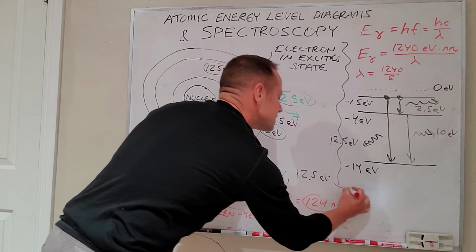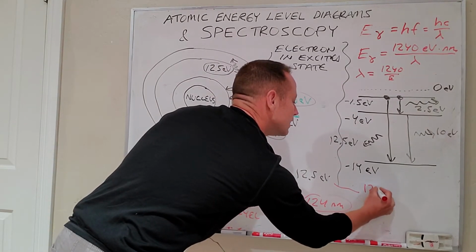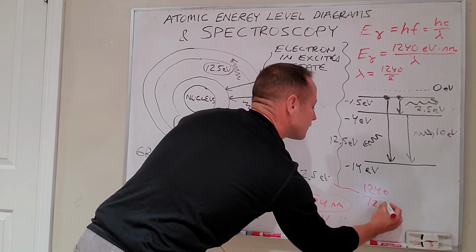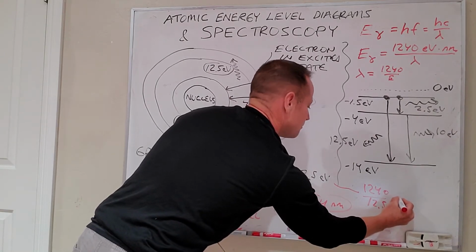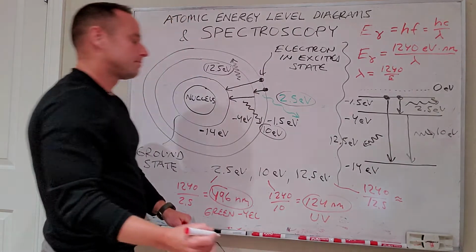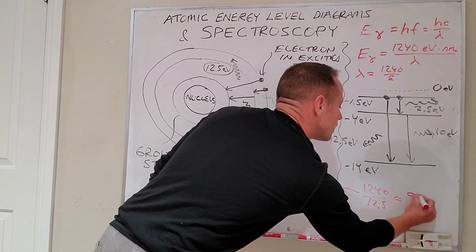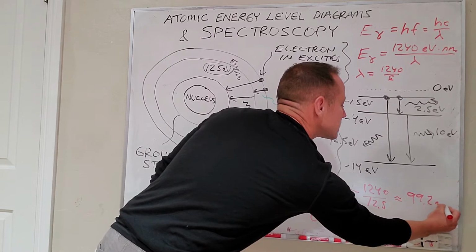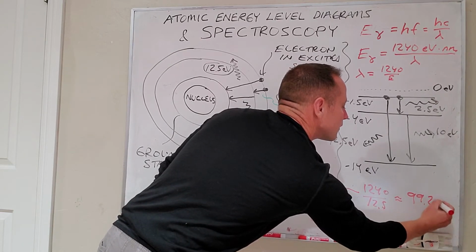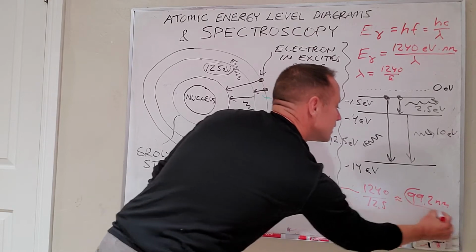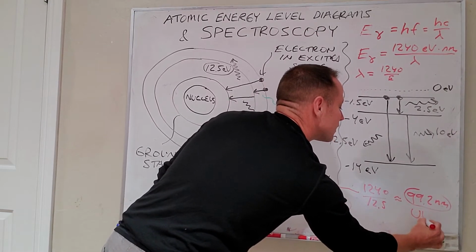And then likewise, this one, if you do 1240 over 12.5, that ends up being about 99.2 nm. And so that one is also a UV photon.